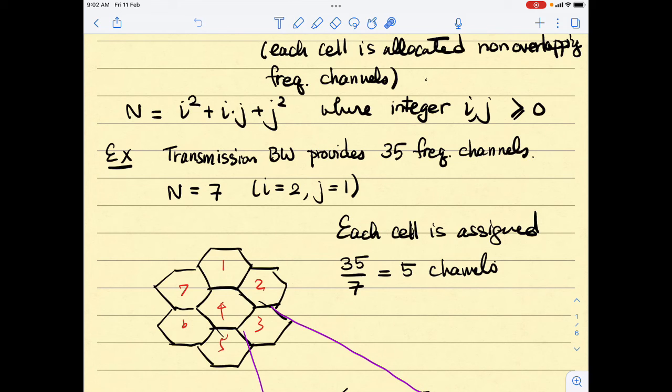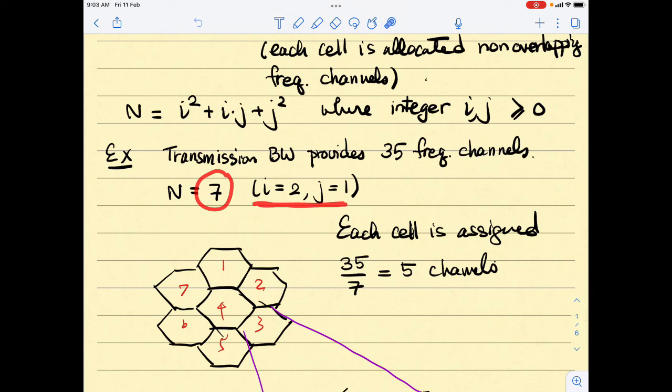If we don't apply any frequency reuse, only 35 people can be supported by this cellular system, which is very low. And we assume that we're going to apply frequency reuse with the factor 7. Where does 7 come from?